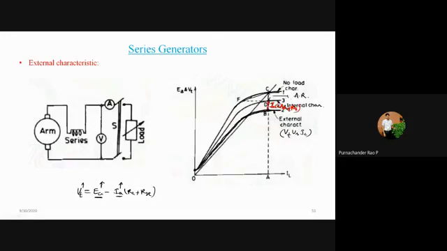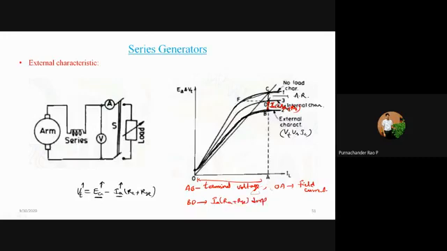Here AB is the terminal voltage, and OA is the field current to produce this terminal voltage. Then BD is the resistance drop, Ia into Ra plus Rsc drop in the machine.